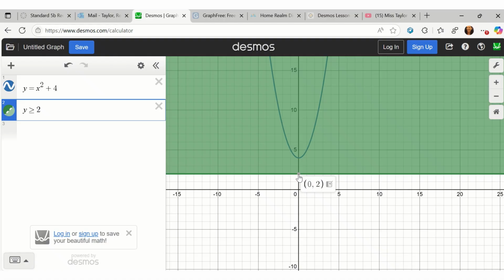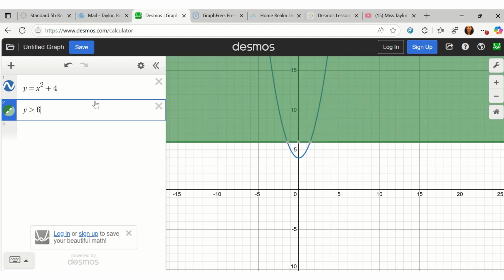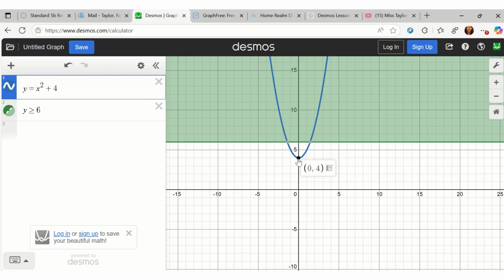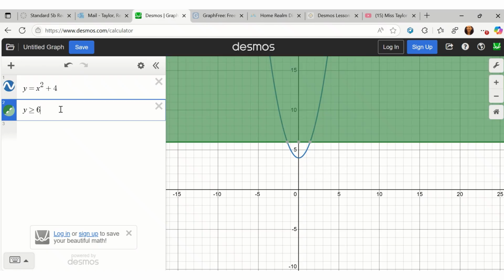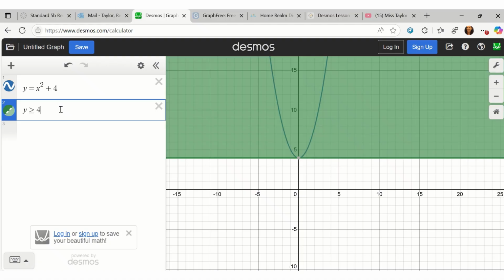And it's not because the parabola doesn't go down that far. Or if you set it up too high, all right, that doesn't work because now you've got possible y coordinates that are actually not in your shaded region. And so you'll know if you state the range correctly, if you can get the entire function into that shaded area with nothing left over. Okay, you don't want anything hanging out over. So the range for this function is y is greater than or equal to 4.